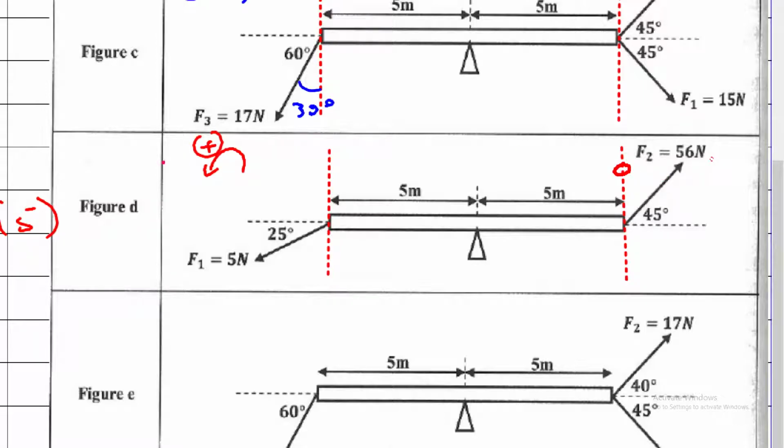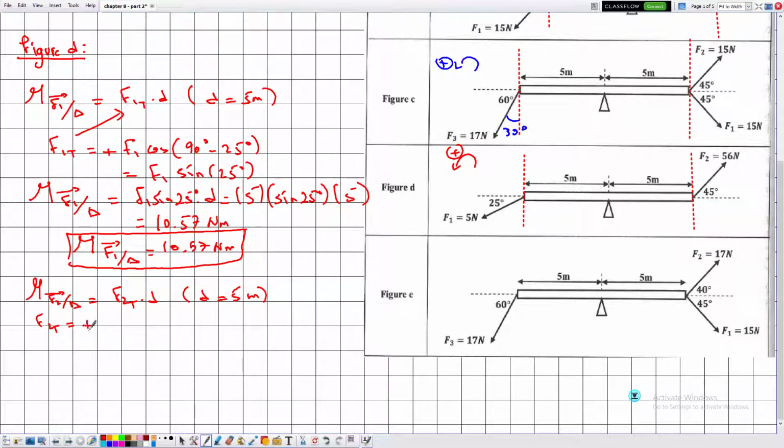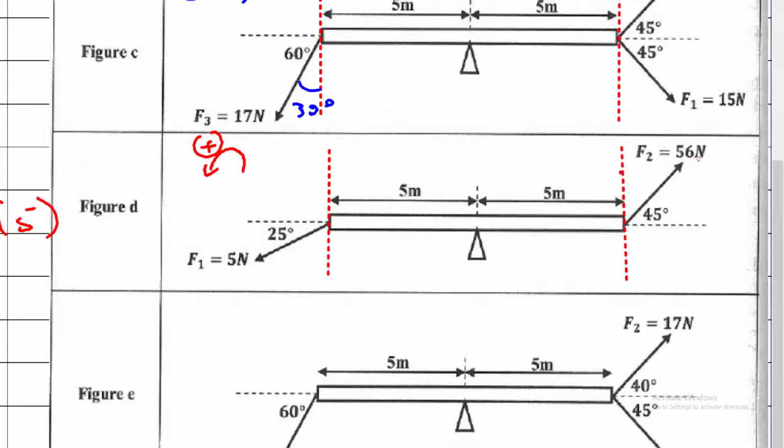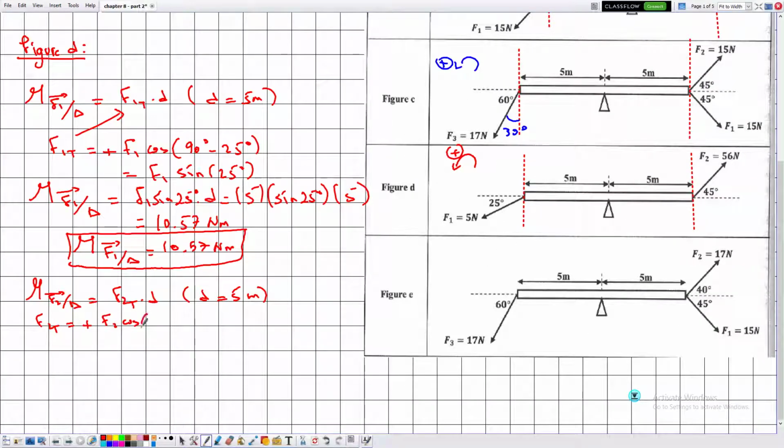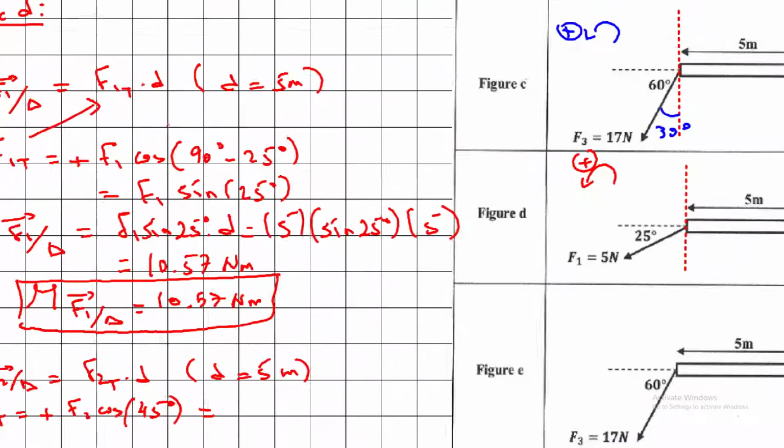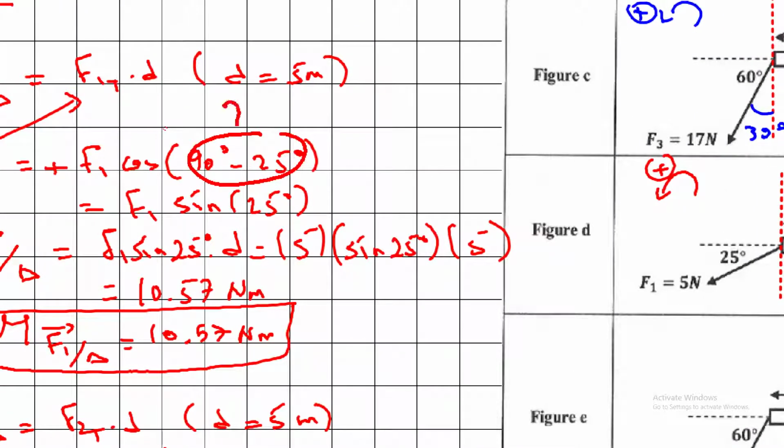Notice that if this is the positive direction, F2 will try to rotate the beam like this around the axis delta, so it's a plus in the positive direction, multiplied by F2 multiplied by the cosine of the angle between F2 and the tangential. This is 45, which is pi by 4, or cosine 45 degrees. We could also have computed this angle, which is 75 degrees, and cosine of 75 is the same.